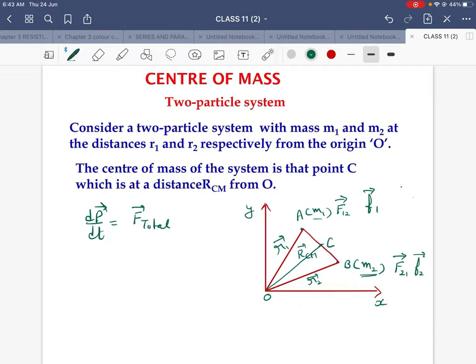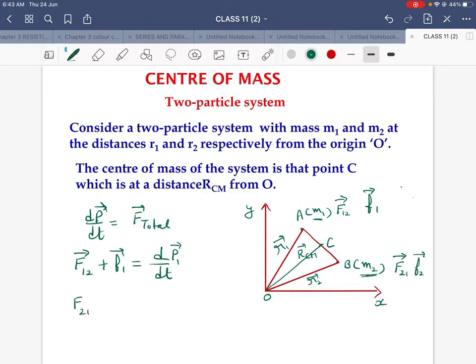Now by applying this second law of motion to the masses m1 m2, we can write it as total force acting on particle having mass m1 is F12 plus F1, which will be equal to rate of change of linear momentum of particle 1, that is suppose P1.